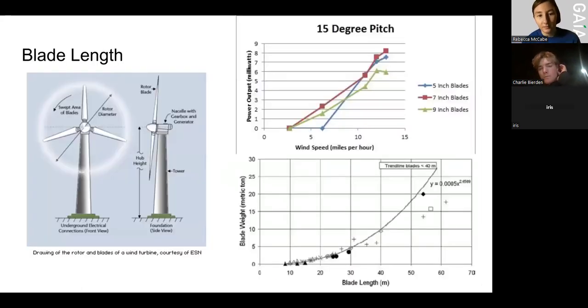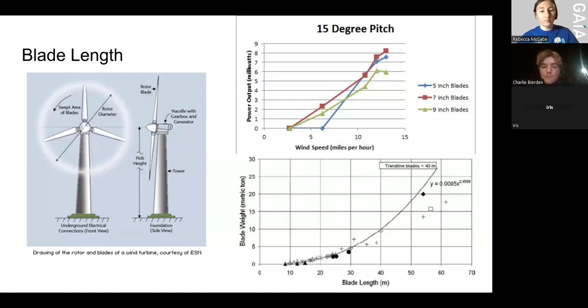So then blade length, like the chord length somewhat, more generally, the longer the blade is, the more power you'll be able to generate. The quantity used is typically the rotor diameter, the diameter of the circle of the swept area of the blades.